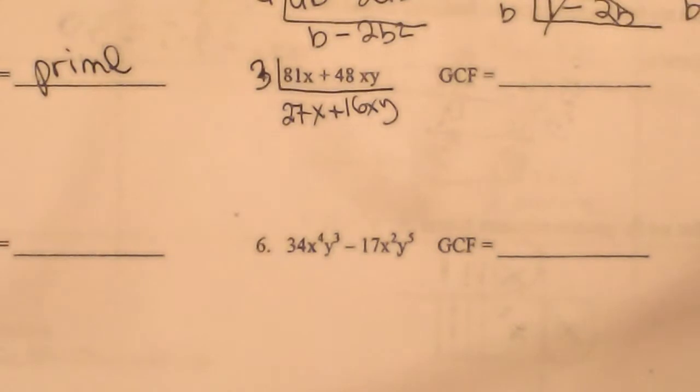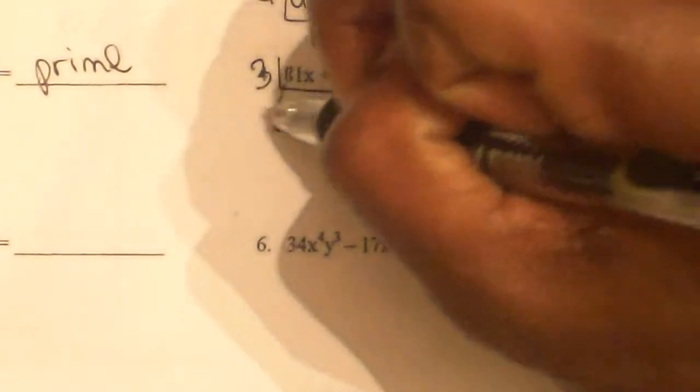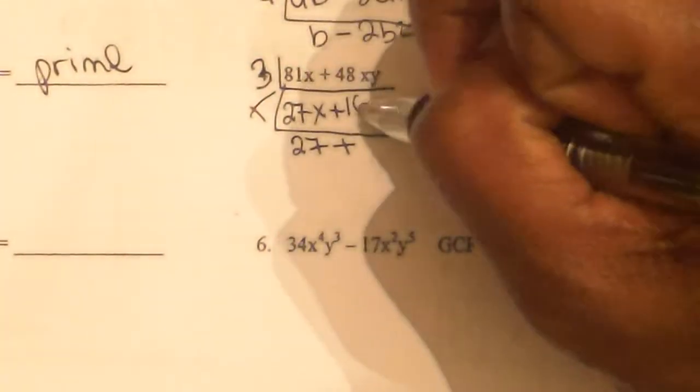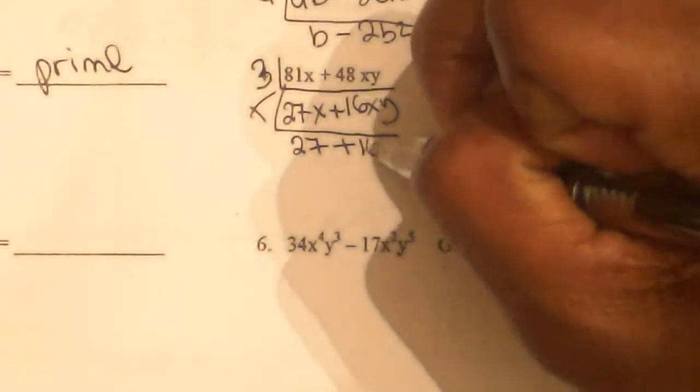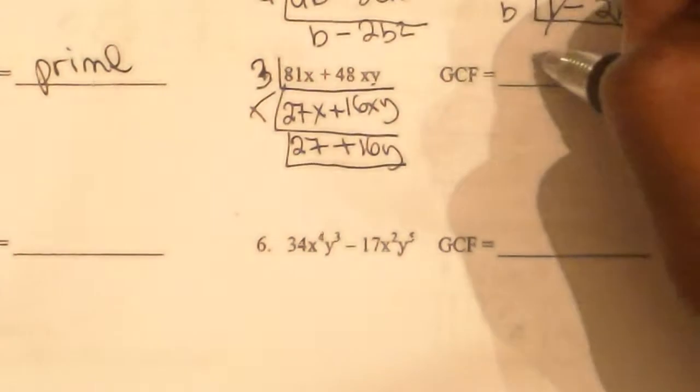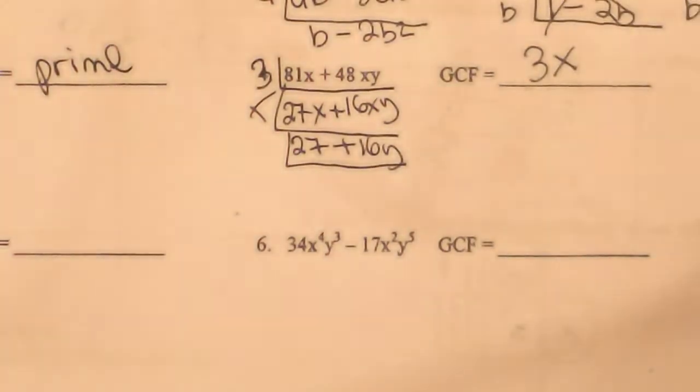No, 16 doesn't go into 27. 2 and 8, no, 2 can't go into 27. Okay, so yeah. So then they also have an x in common, so we pull it out, we're left with 27. Pull an x out of there, and we're left with 16y. Well, that's as far as we can go. So this GCF is 3x.